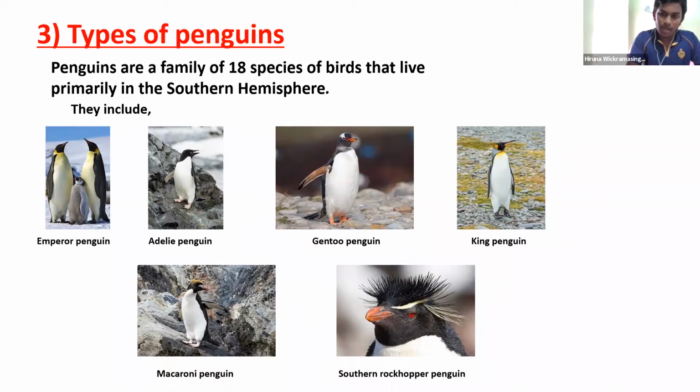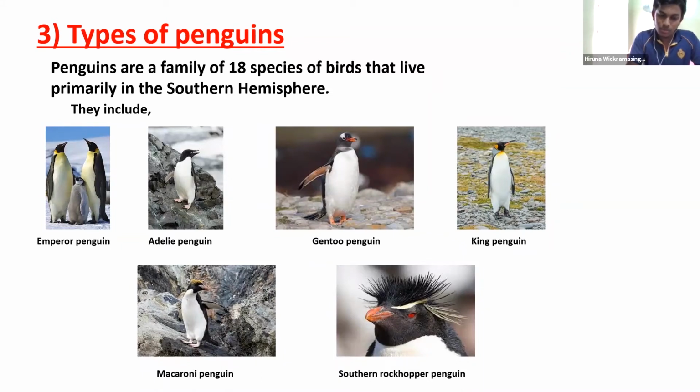The next species is the Macaroni penguin. It weighs 5.5 kilograms and is 70 centimeters in height, and it lives about 15 years. The next one is the Southern Rockhopper. It weighs about 2.2 kilograms and is not very tall.